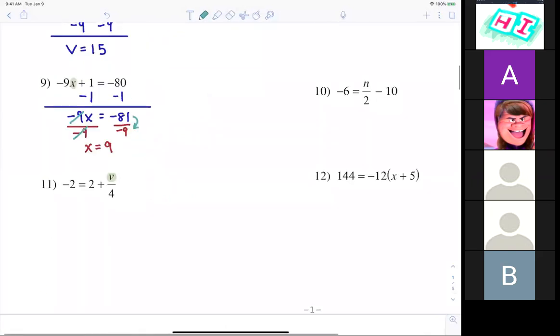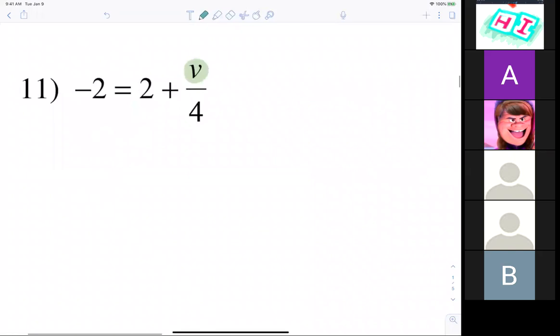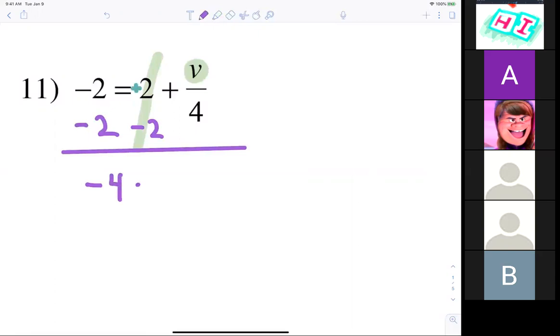All right, here we go. Let's check out number 11 now. All right. Again, we want to get rid of the +2. All right, so in order to get rid of the +2, I have to do what? -2. There you go. Thank you. -2 from both sides. Now you should be able to see that these cancel. So I have -4 equals v over 4.